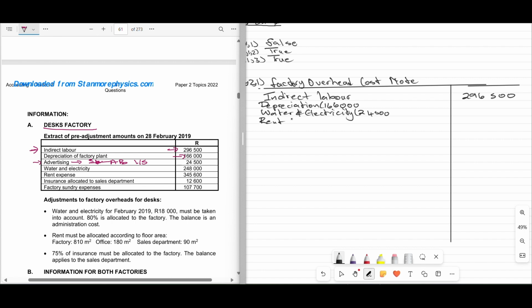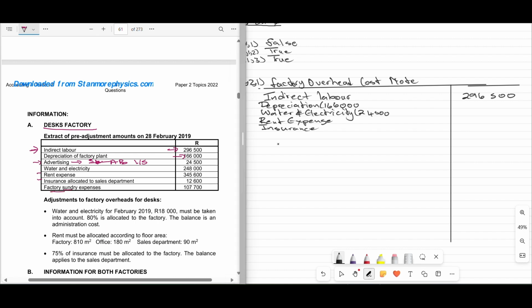You can just write factory rent. Then we'll have insurance, because our business has to be insured. Then we'll have factory sundry expense.